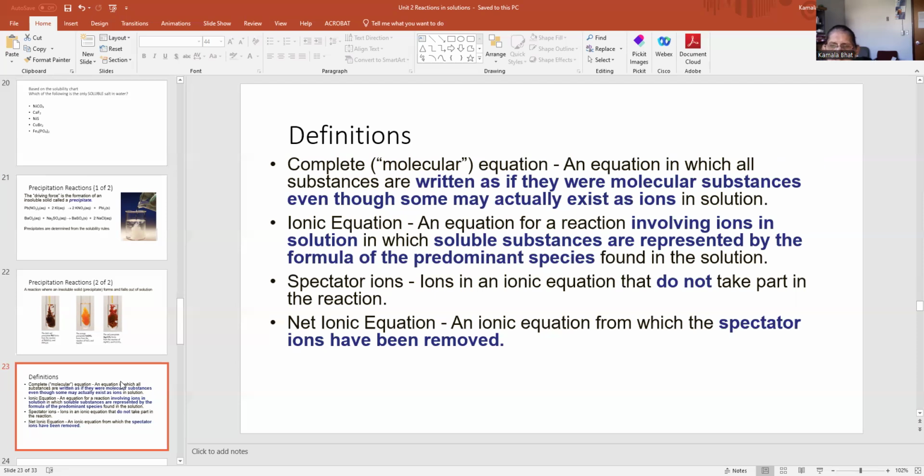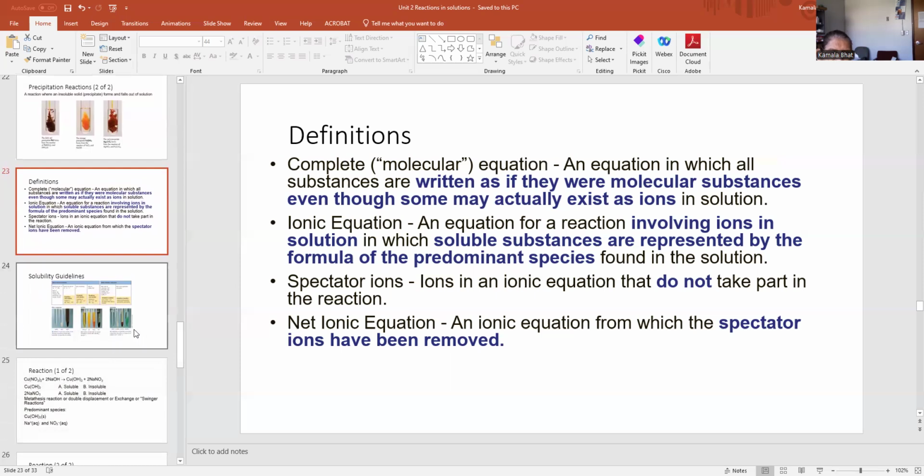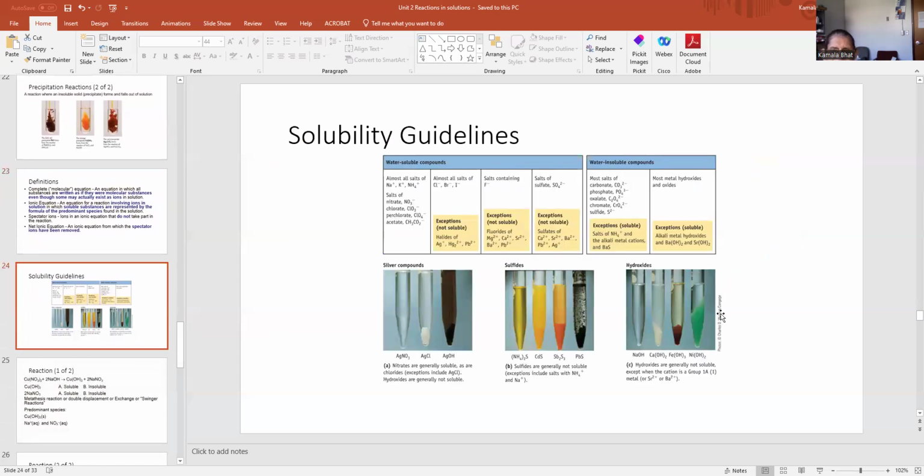Spectator ions are ions in an ionic equation that do not take part in a reaction. And the net ionic equation is an ionic equation from which the spectator ions have been removed. This is very important when dealing with precipitation reactions.